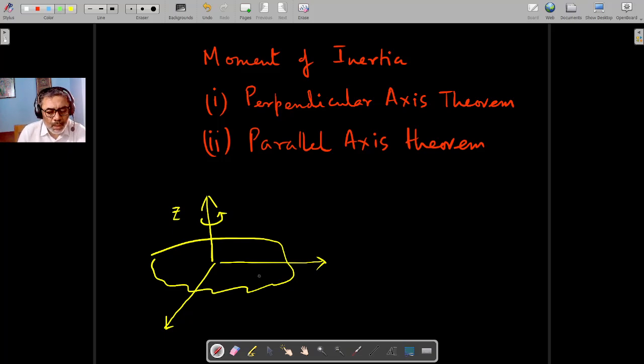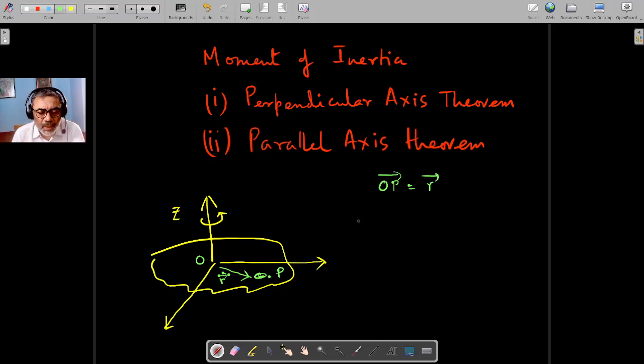Then we take a small mass dm at point P, and then we join the origin with the point. Then we call that position vector r. So the OP vector is the r vector.